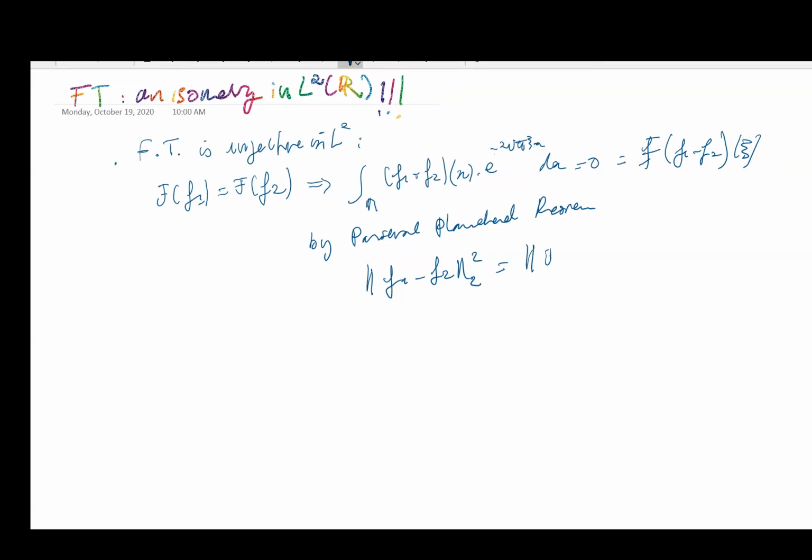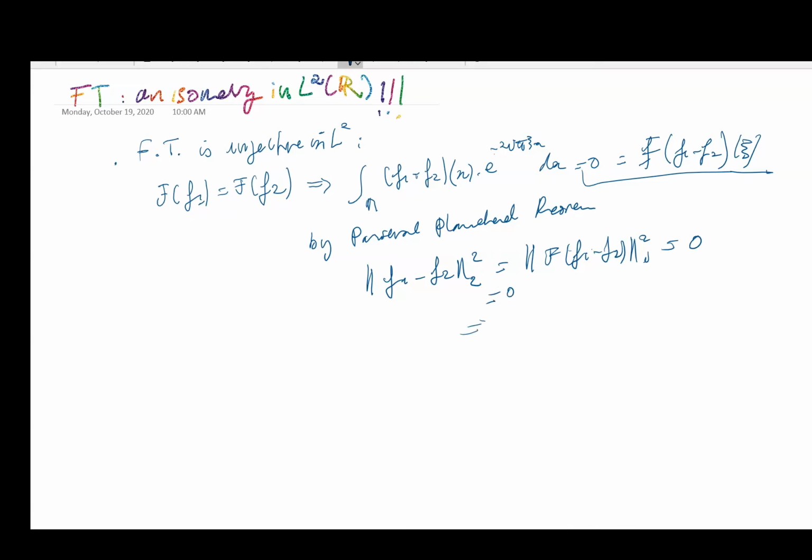So what does that give us? The norm of the Fourier transform of f1 minus f2, which of course is equal to 0 because that's the zero function. That's our assumption. And so by the property of the norm, do you know that the norm of a function is equal to 0 if and only if this function is equal to 0?